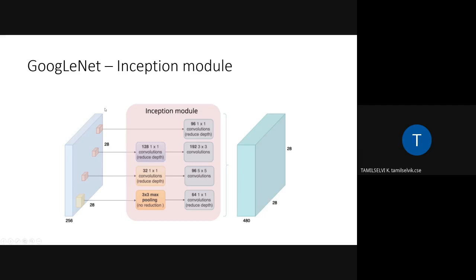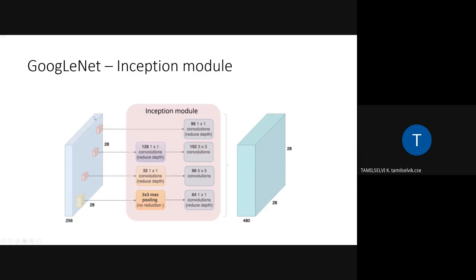They have given a 1 cross 1 convolution. Because of this 1 cross 1 convolution, you have reduced the depth. So you have 96 1 cross 1 convolutions. I will tell you what this 96 1 cross 1 is. Next, I have applied multiple things.